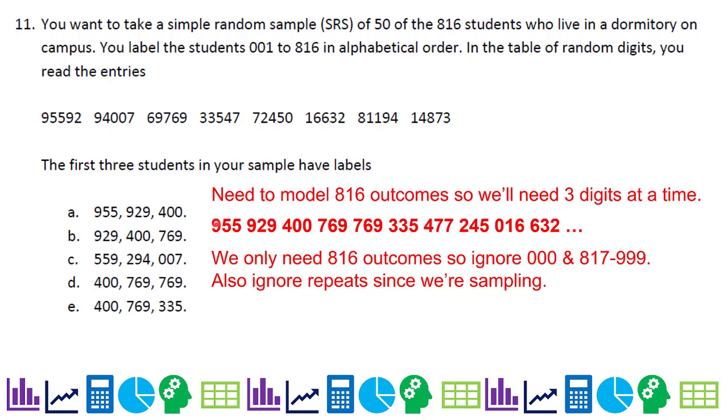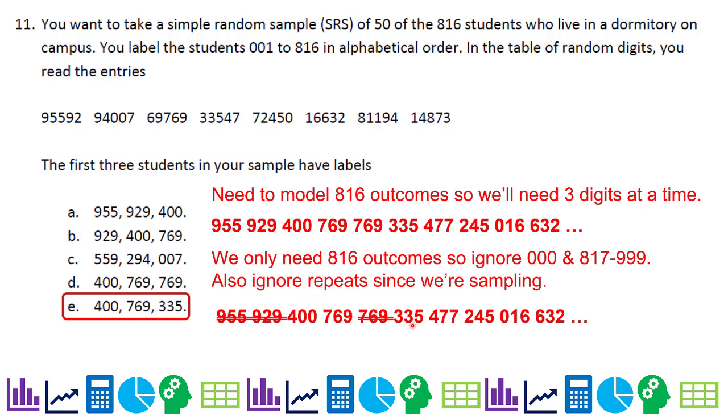You can see we've got some that are above here. And so we're going to make sure to say that we're going to ignore 000 and 817 to 999 and also any repeats. So if I cross those out for the first few, I get 400, 769. See how 769 repeats there? Then I get 335. So E is the correct answer.